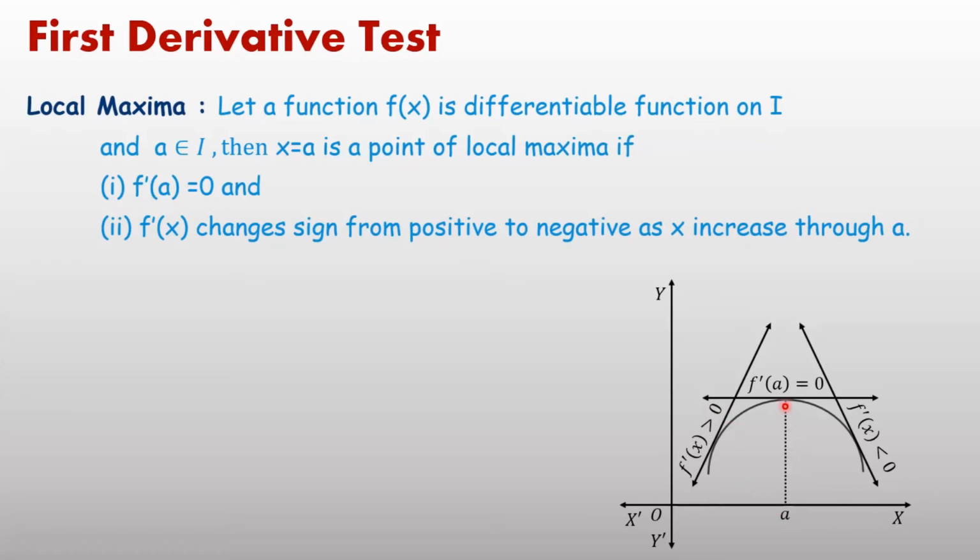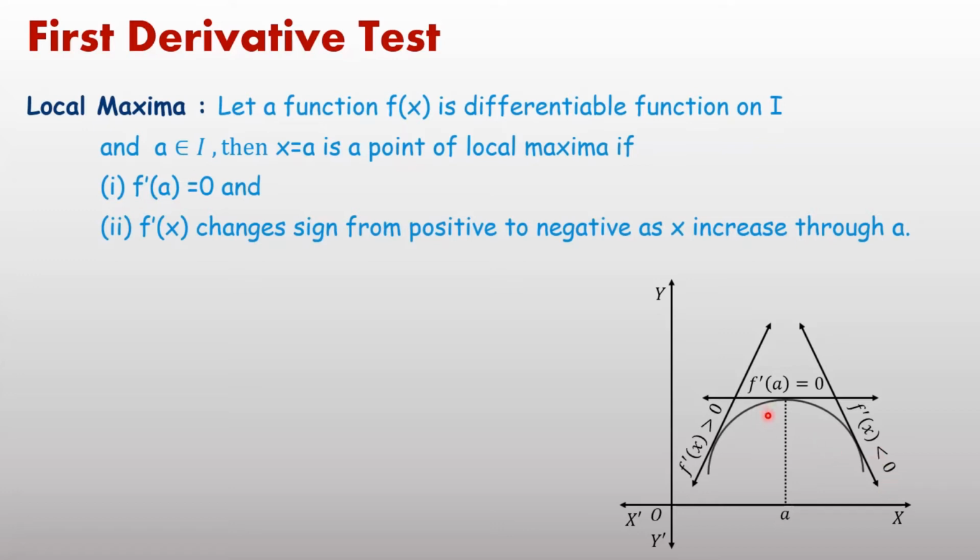Just after x equal to a, f dash x is negative, meaning less than 0, because if you extend this line, the angle between x-axis and tangent is an obtuse angle. If the angle is obtuse, then the value of tan theta will be negative. So tan theta represents the slope of tangent. f dash x is negative.